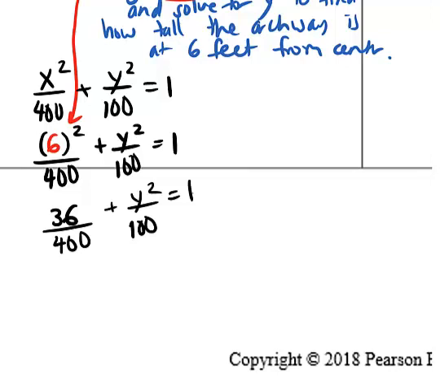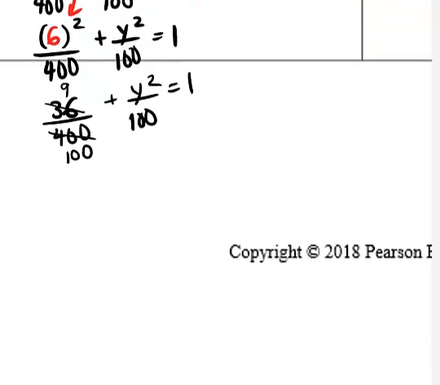Well, at least it reduces, I think. 4 goes into both. 4 goes into 36 9 times. Yeah. 4 goes into 400 100 times. So I can write this as 9 over 100 plus Y squared over 100 equals 1.